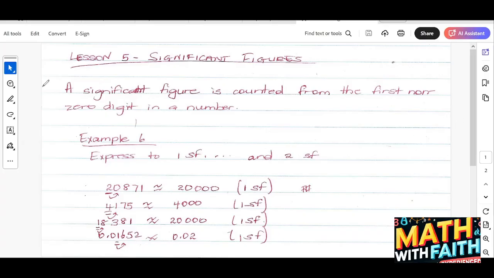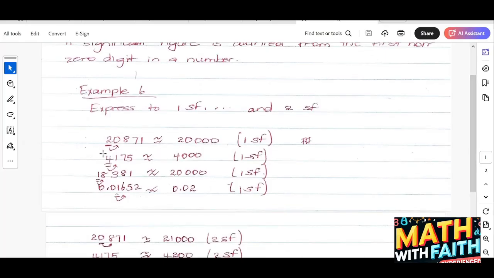So let's look at it. 20,871 expressed to, remember I told you I like to put my brackets and say how much I expressed it to, whether it's 1 decimal place or 1 significant figure, etc., right? Or what's the nearest 100. I always put in brackets what I would have approximated or rounded off my number to, right? So you know that in this section here, we're doing 1 significant figure.